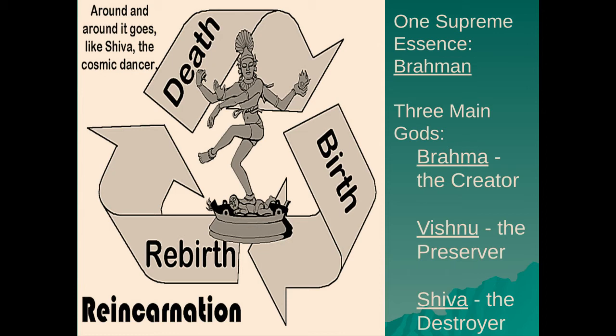Vishnu is that God who sustains your life, who keeps you going in life, who preserves you along the way. And Shiva, the destroyer, is the god of death. They don't look at death as a sad thing. They look at death as a doorway to another life. So Shiva is that god.